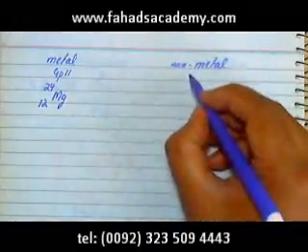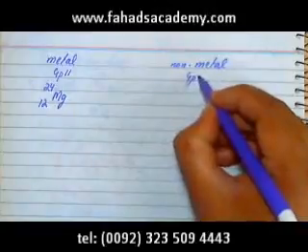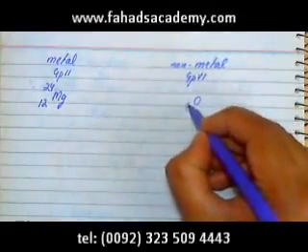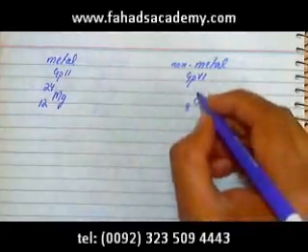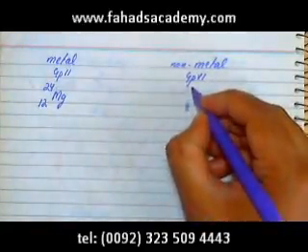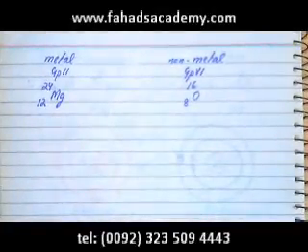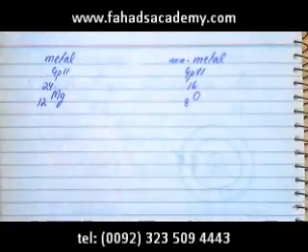And the non-metal could be from group 6, and we can pick oxygen, which has proton number 8 and atomic mass 16. So we're going to draw a dot and cross diagram between magnesium and oxygen.